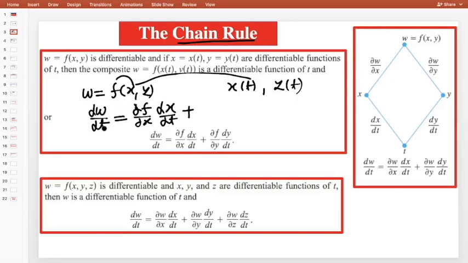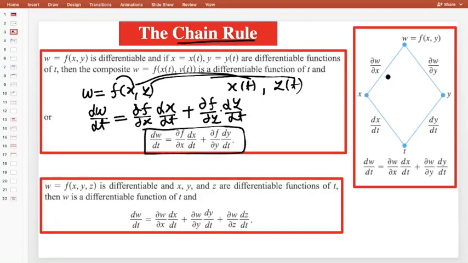For dw/dt, how do we differentiate? W is also a function of y, so again ∂f/∂y and then y is a function of t, so dy/dt. Why do we use d in x and y? Because they are functions of t only, with only one independent variable. So this is our formula for the chain rule.